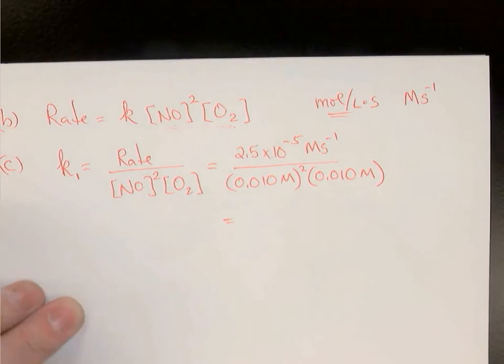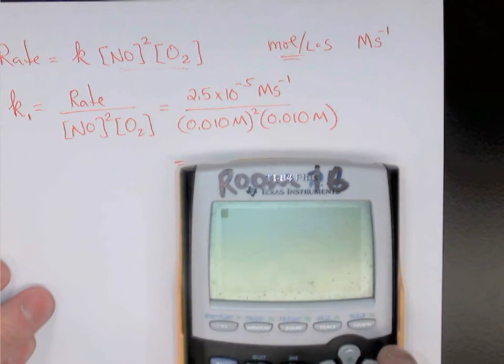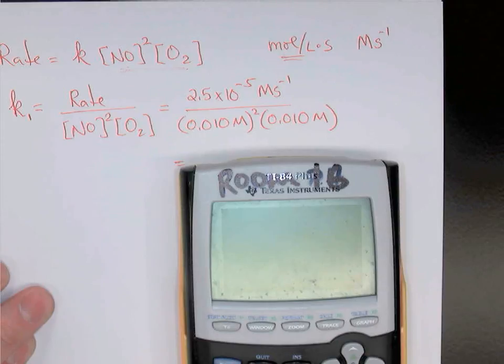So grabbing my calculator, I'm going to enter 2.5 times 10 to the power of negative 5, divided by 0.01 squared, and then I'm going to divide again by 0.01. So I'm dividing by 0.01 squared to take care of the first part of the denominator, and then I'm dividing again by 0.01, and I get 25.